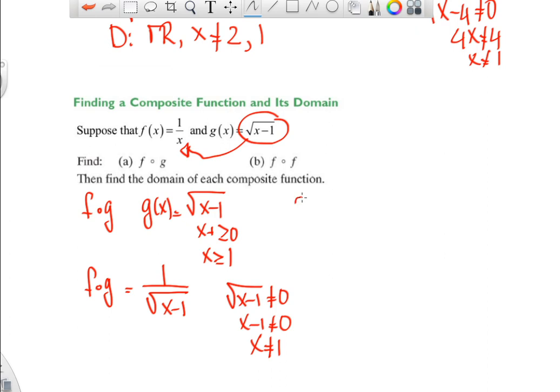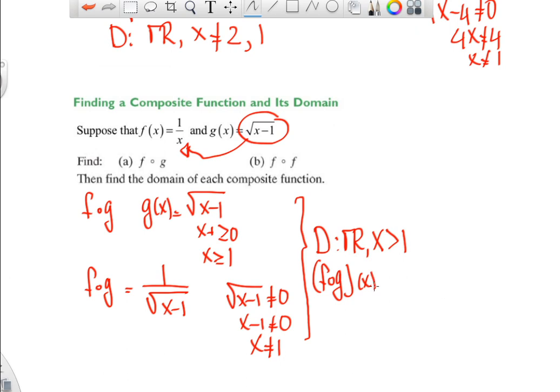So if I then look at the domain of the composite function, x has to be greater than or equal to 1, and x cannot equal 1, so I would say then that the domain would be all real numbers, and x has to be larger than 1. And the composite function is right there, so let's copy that as part of the answer. So it is 1 divided by the square root of x minus 1.